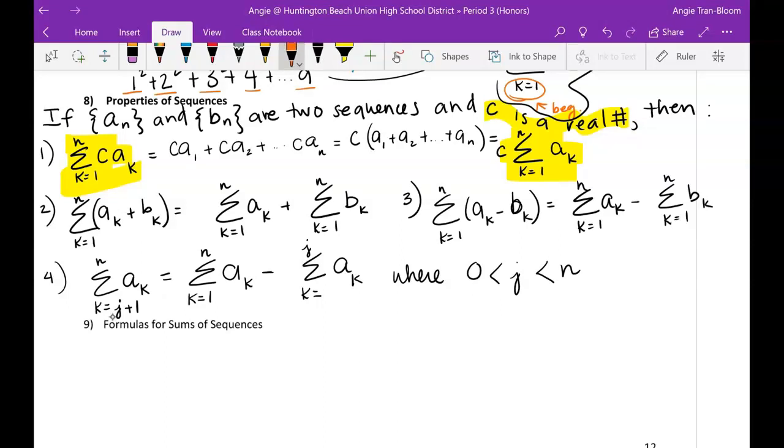That means j can be 4. So that means this is really starting at 5, right? If j is 4, I don't want it to start at 5, I want to count starting at 1. Then I can start from 1 to 9, and then take away, oops, I didn't finish writing, this is k equals 1, take away 1 to 4. So that gives me 5 to 9. That's all that is.